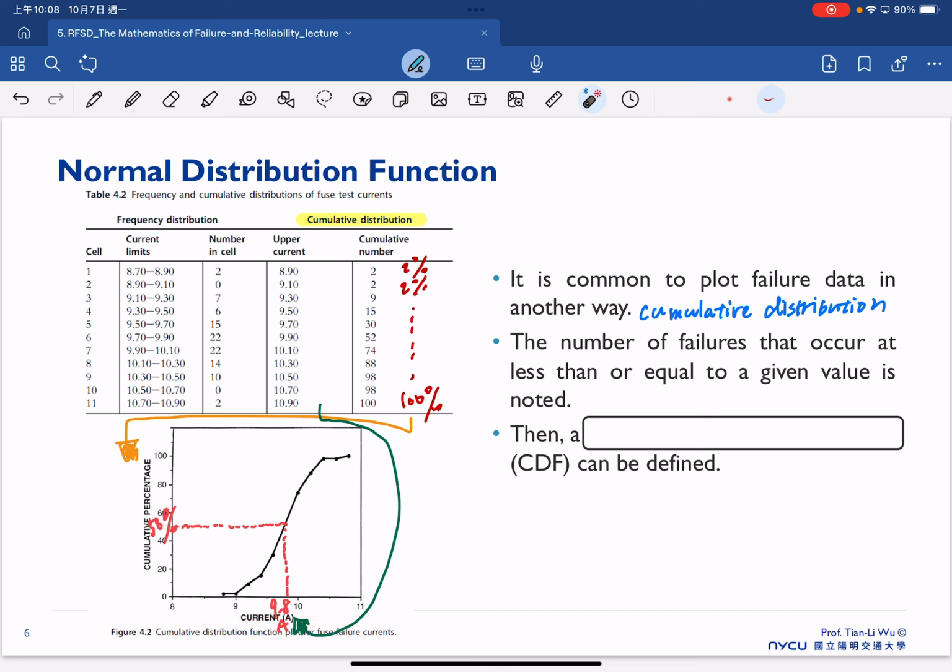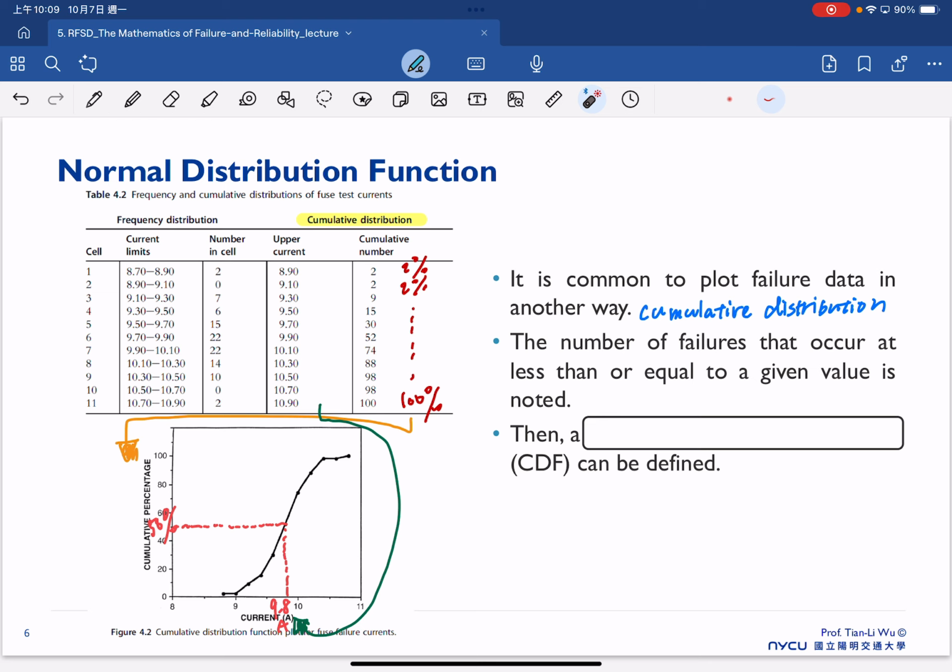By using this plot, we can also understand that if we test up to this value, then 100% of fuses have failed. In the end, this plot becomes very useful because, as I say, we are now trying to produce thousands, tens of thousands of products for our customer.